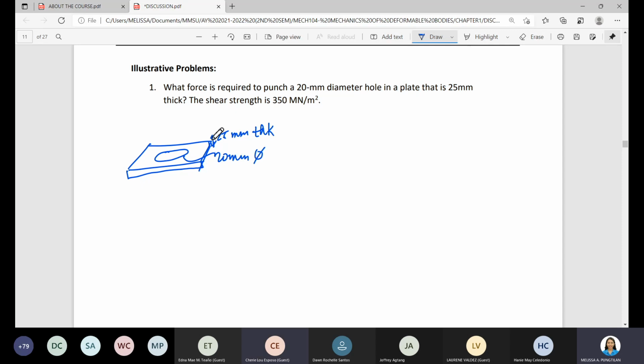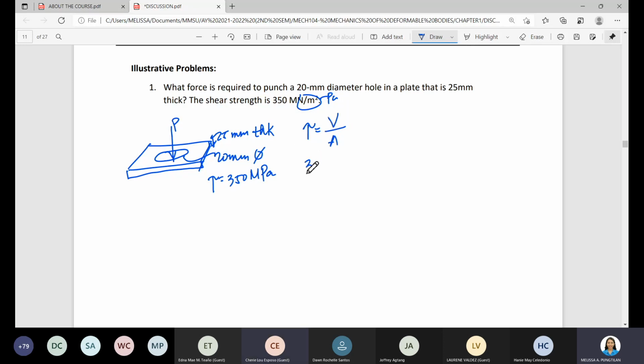So, this is 20 mm diameter hole. So, ano daw yung kailangan nating shear force para ma-punch out yung 20 mm diameter if we have a shear strength of 350 megapascal. Okay, Newton per square meter is again Pascal, kaya naging megapascal. So, direct substitution. We have the shearing stress equal to the shear force all over the resisting area.